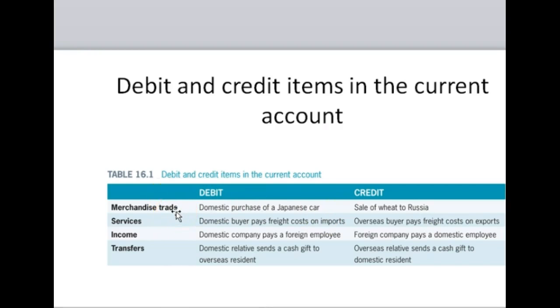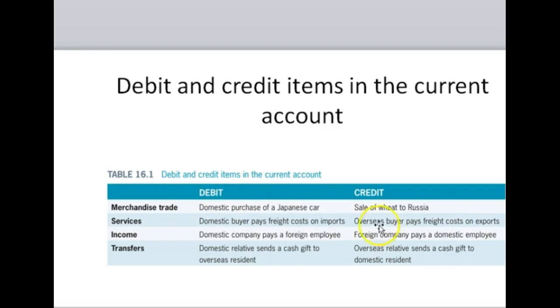So the merchandise trade account gives the record of the buying and selling of only goods and payment for the goods only. Services account, like when domestic buyers pay freight cost on imports, that is debit for Australia, whereas overseas buyers paying freight cost on our export would be recorded as credit.